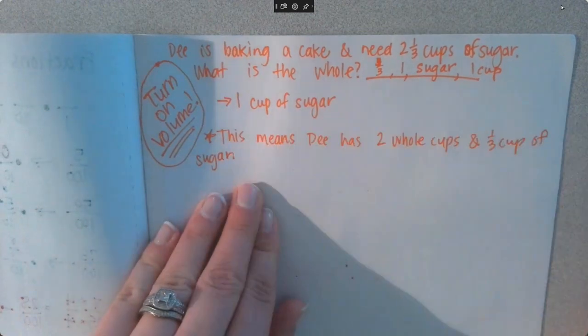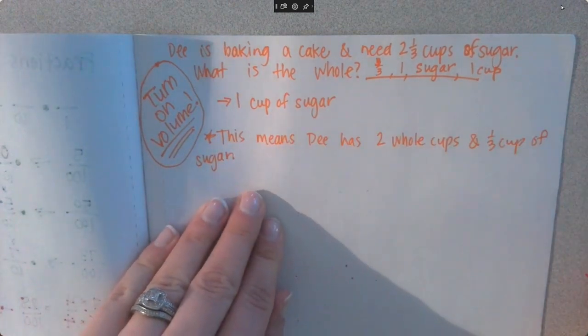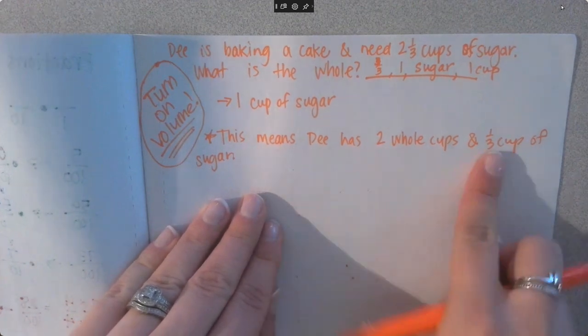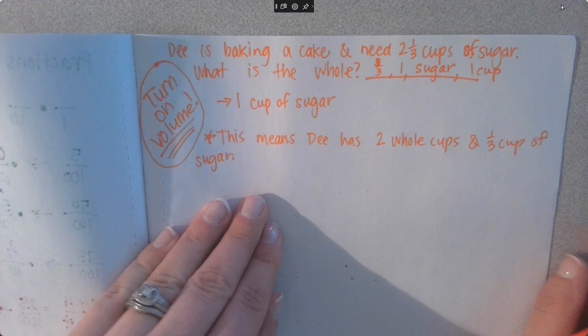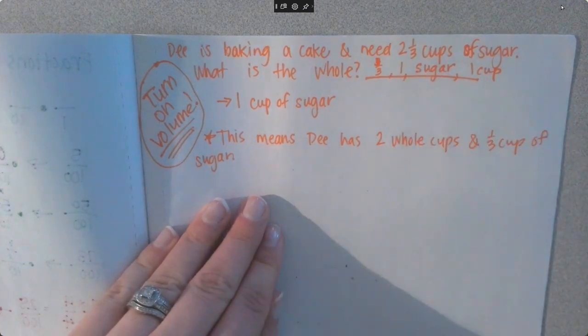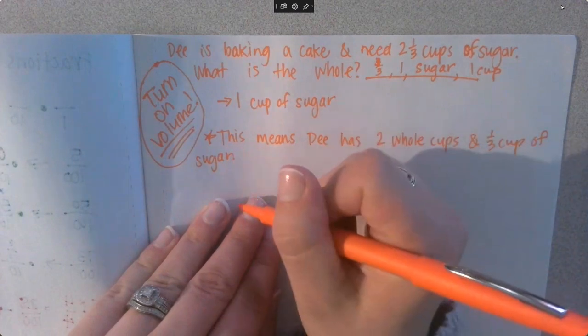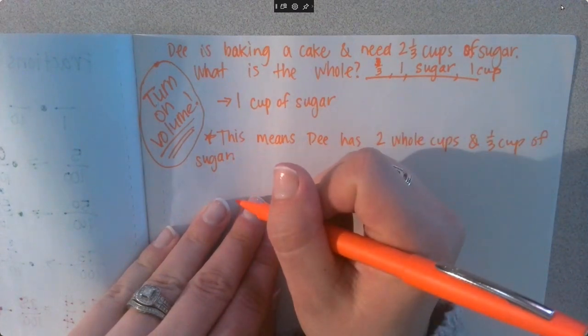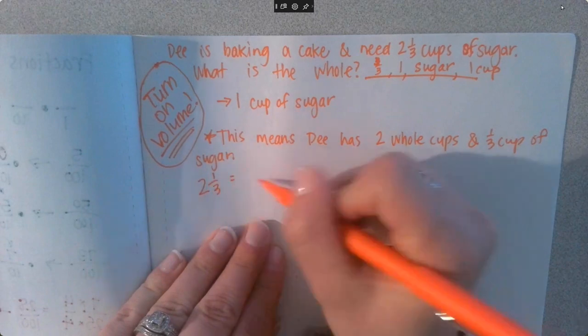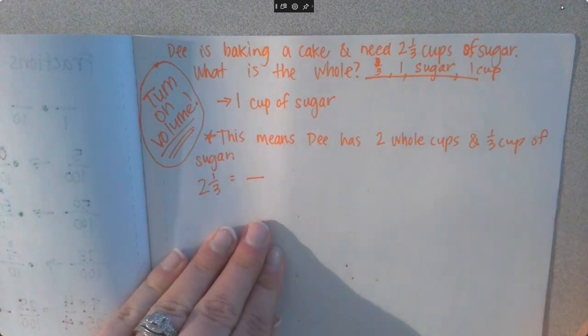Essentially, she has more than a whole, right? How could I take this information and make it into just a fraction? So like not a mixed number, but just a fraction. I want just a fraction.